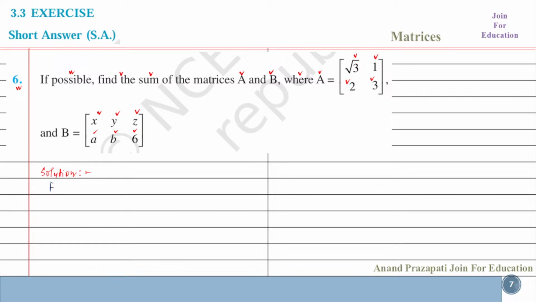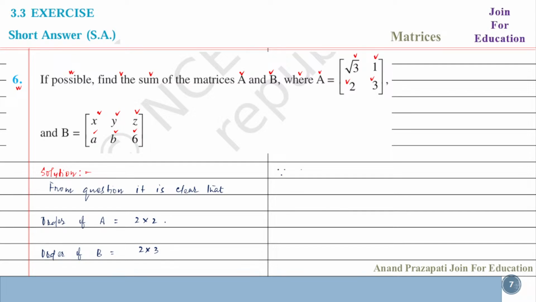From the question it is clear that order of A equal to 2 by 2, and order of B equal to 2 by 3.